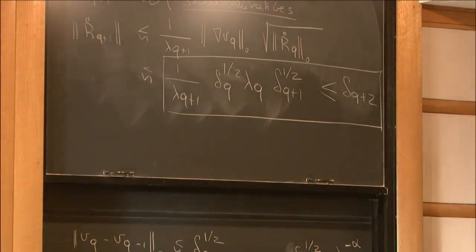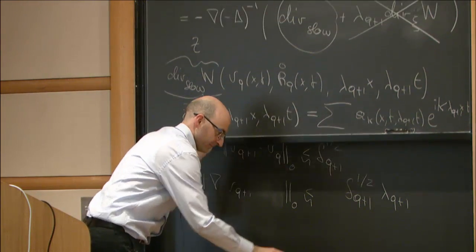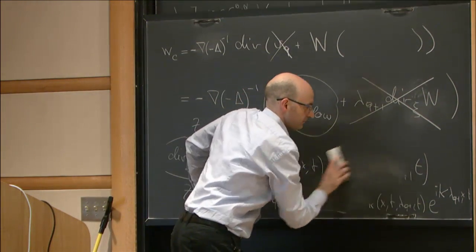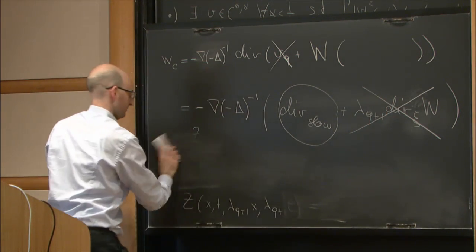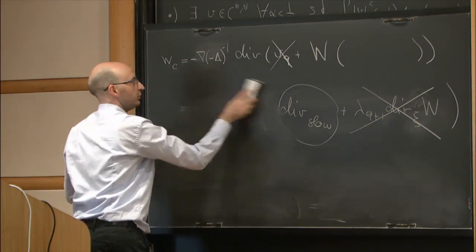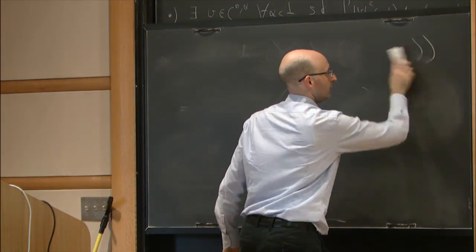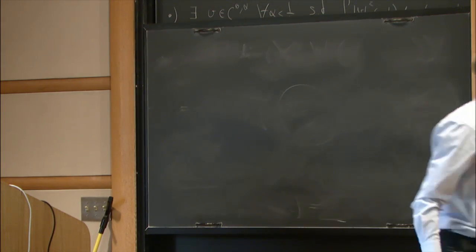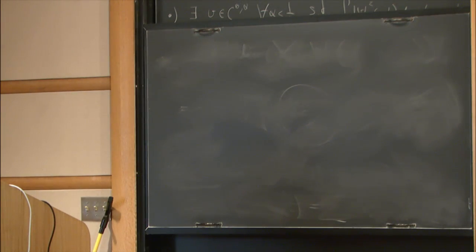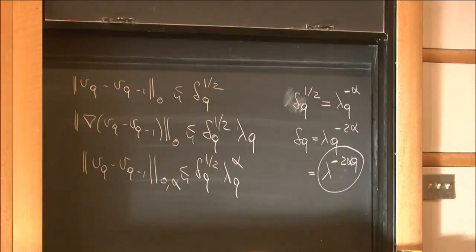Okay, this is a back of the envelope computation that is not even a calculus 1 computation. It's a high school computation, which I'm going to give you in the next few seconds. And then you will see this magic exponent 1/3 coming out. Okay, so let me insert this lambda to the power minus 2 alpha Q inside there.